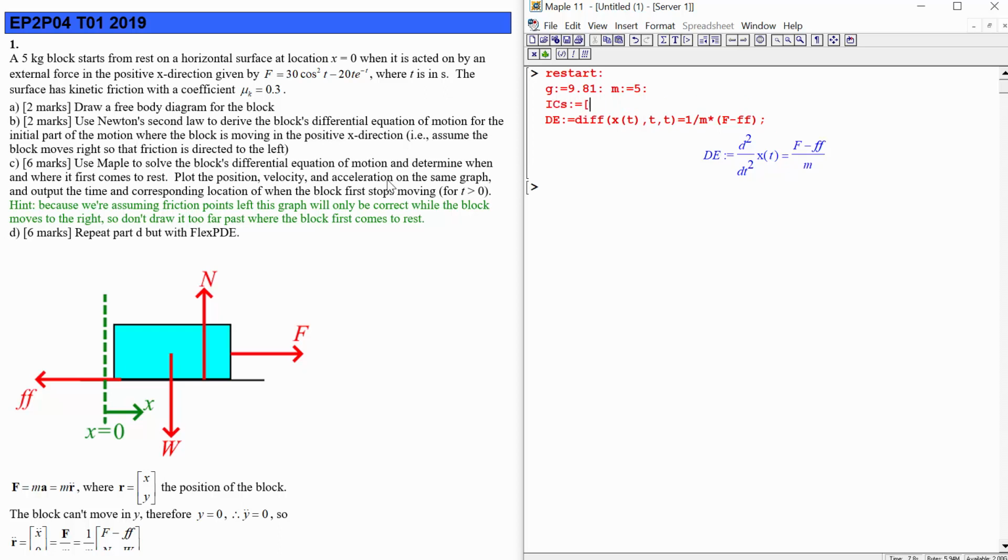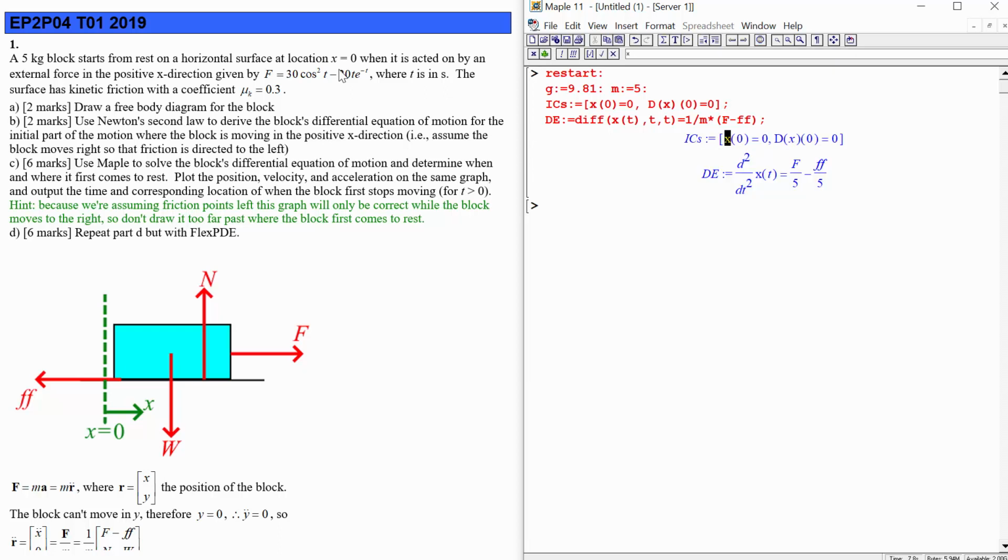The initial conditions would be x(0) is 0, and it starts from rest. So that tells you that the rate of change of x, the first derivative, D(x)(0), is also 0. Okay, so there's our initial conditions.